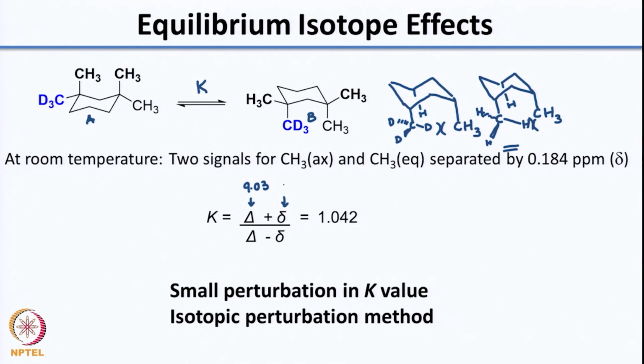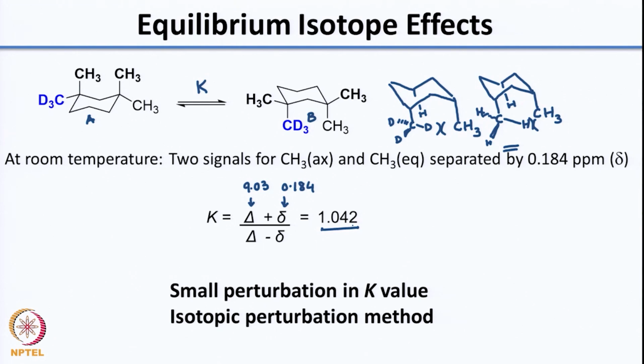So, that shift is given by 0.184. If you substitute this value in this equation, the equilibrium constant you get is 1.042. So, you are seeing a very small shift in equilibrium, 1.042, but which is also measurable.